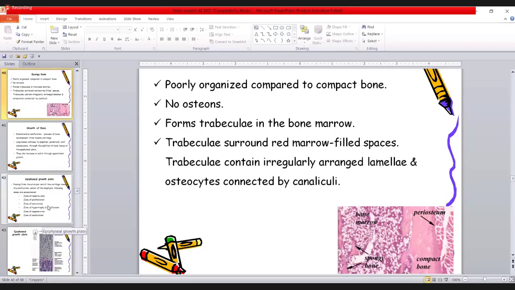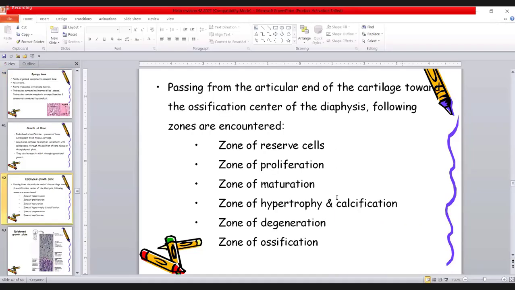Then the epiphyseal growth plate. In the last year's exam in 2020, second MB, you got a question: describe the bone growth, the histological arrangement of the epiphyseal growth plate. So you describe all these six zones.